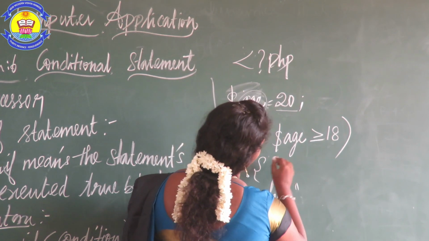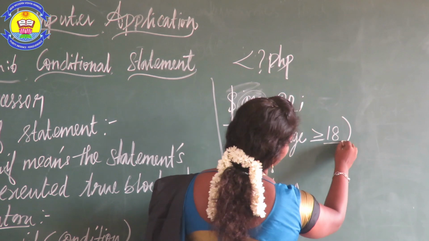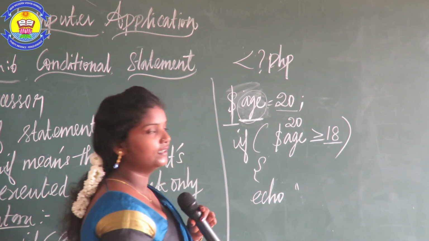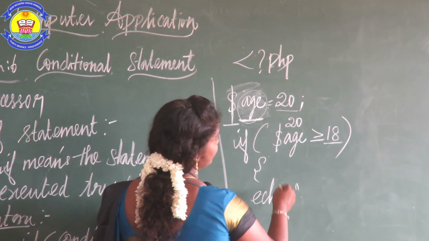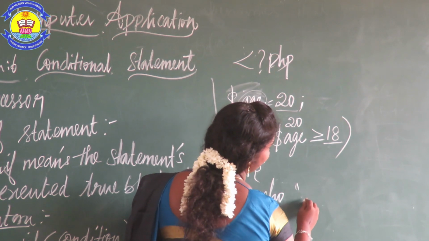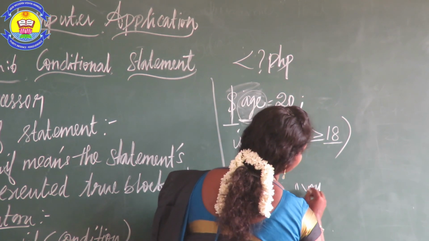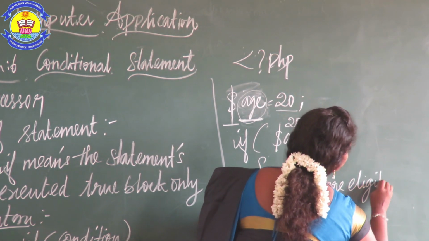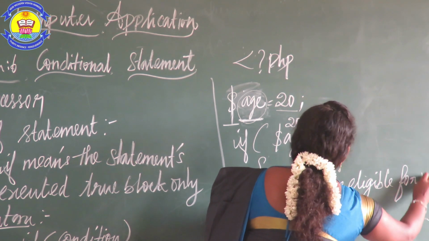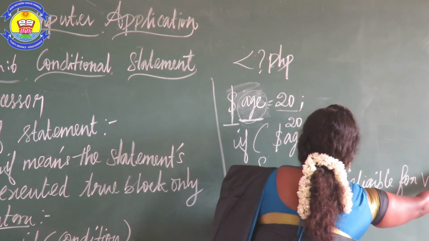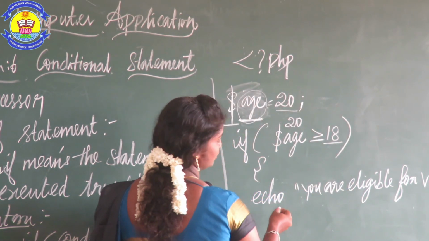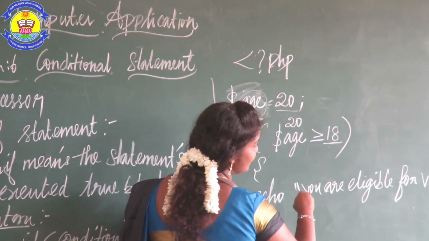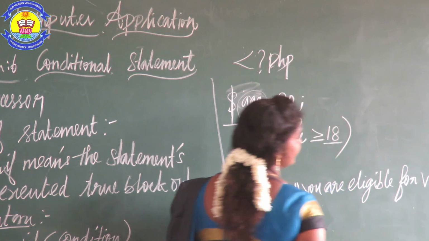Now this age limit is 18, my value is 20, so it satisfies the condition. So the condition is true. Now I'm going to print "You are eligible for vote". Whatever printing line you give within double quotes is directly printed on your screen.